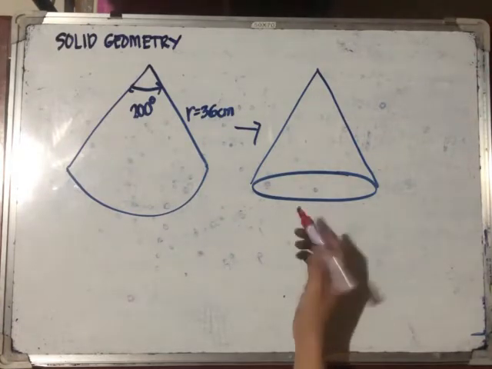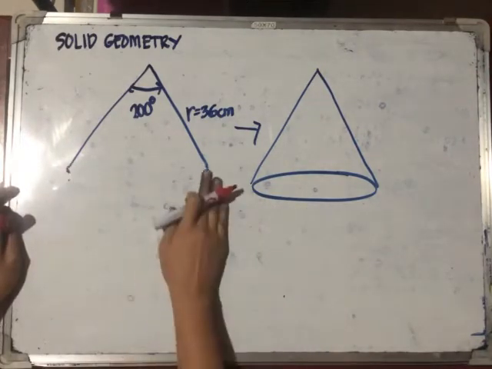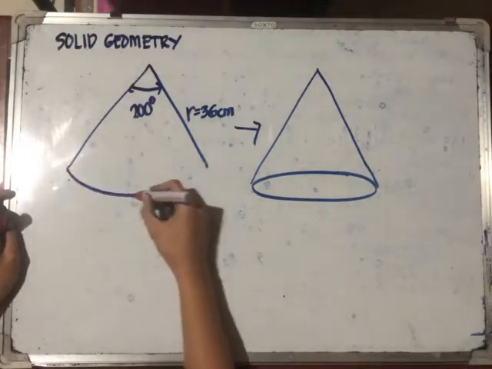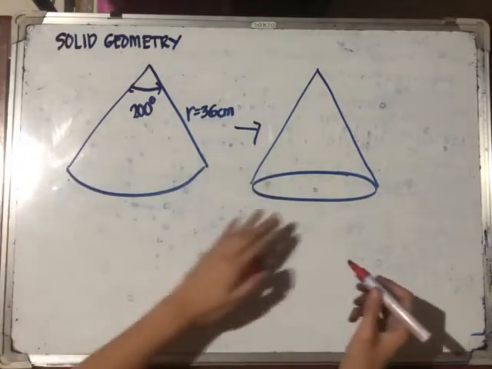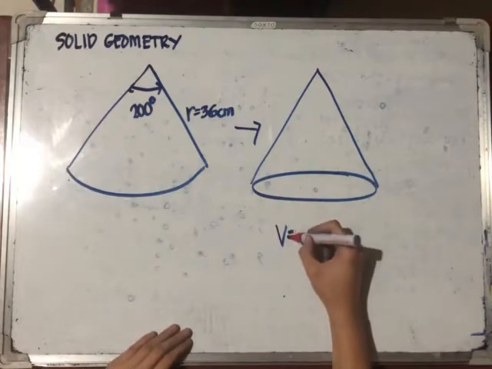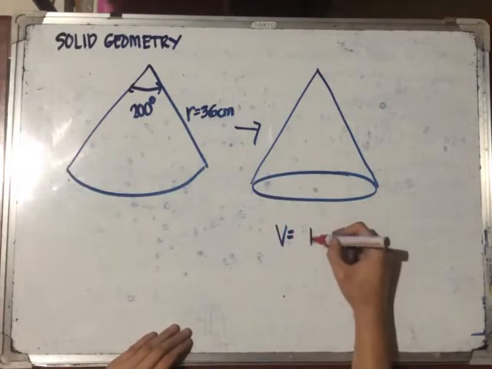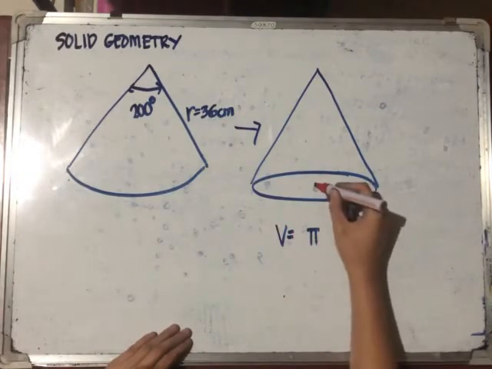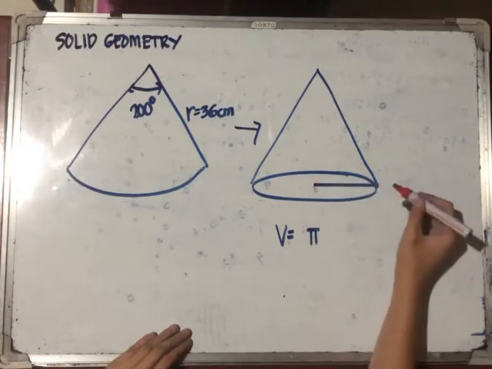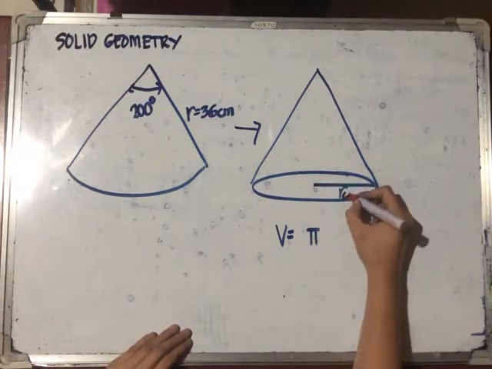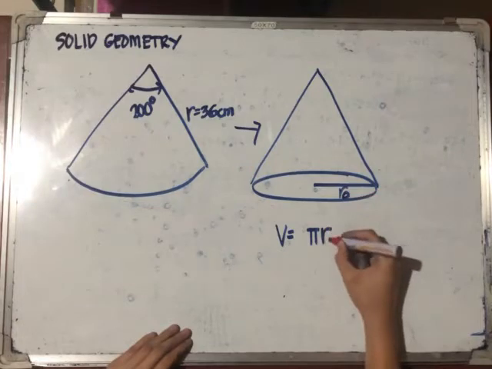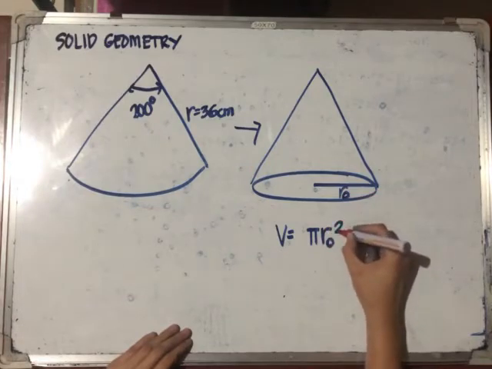Alright? So what we need to find here are the variables. So if you are to get the volume of this cone, this is area of the base, which is pi. In this case, let me denote this one as r sub o. So this should be pi r sub o squared.